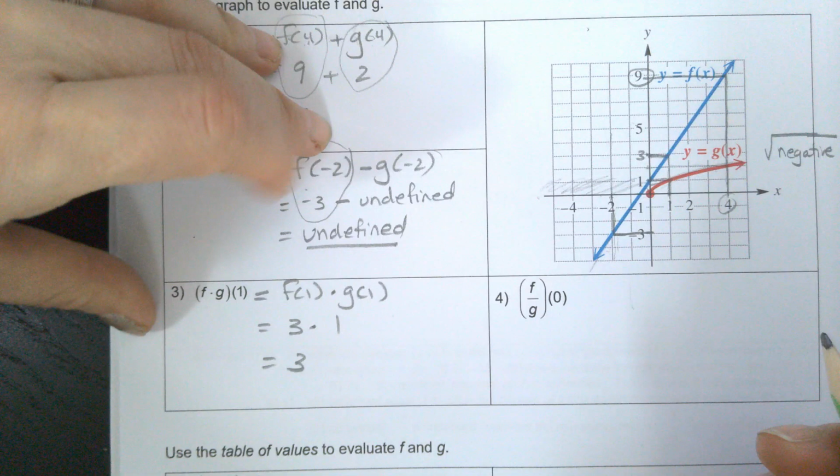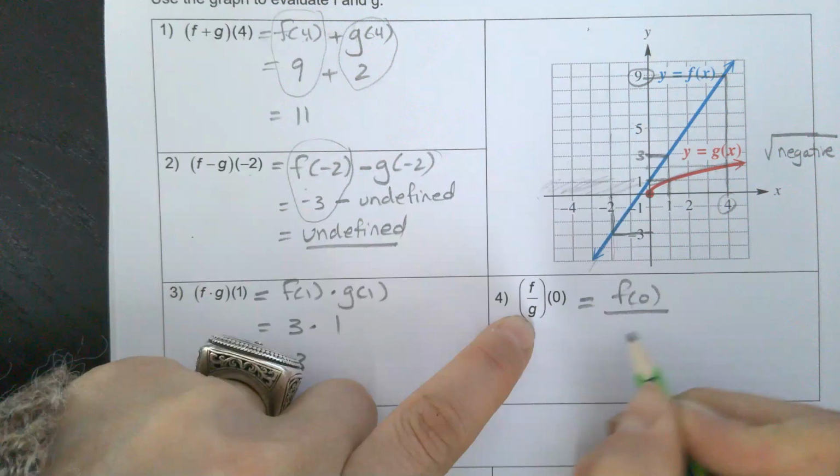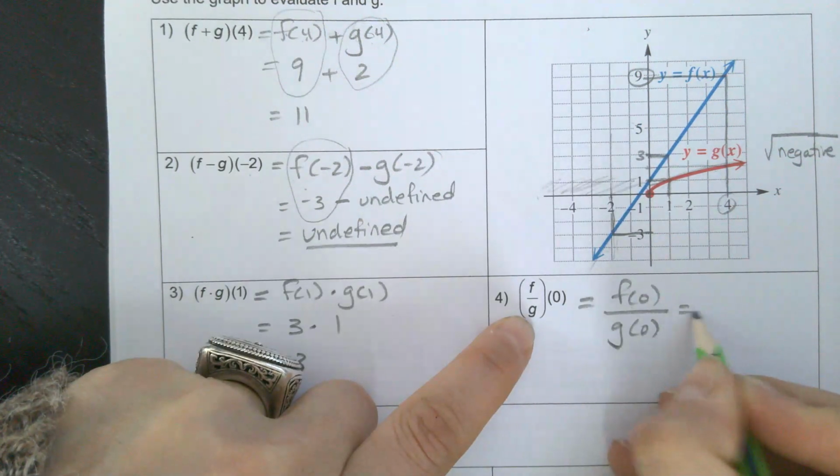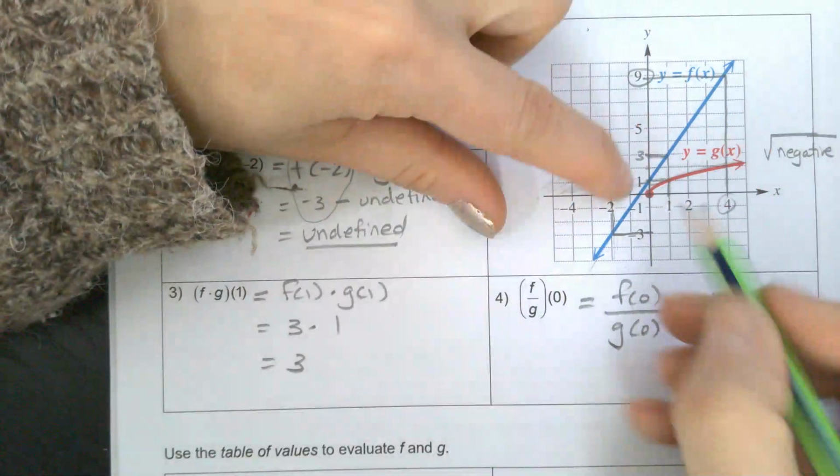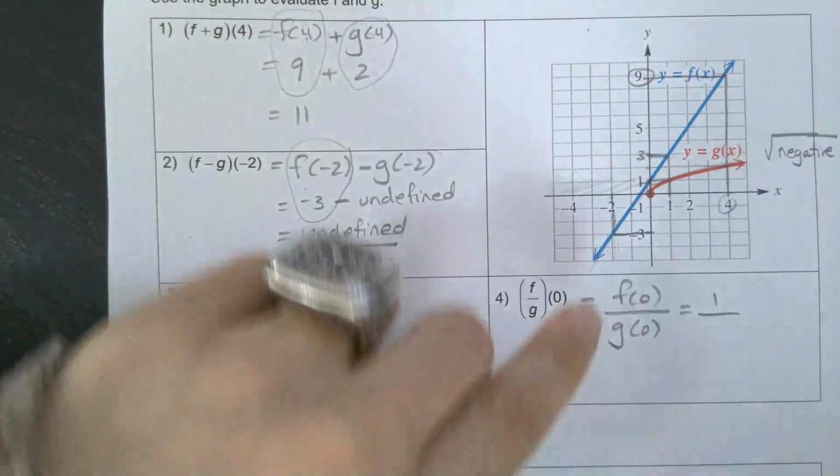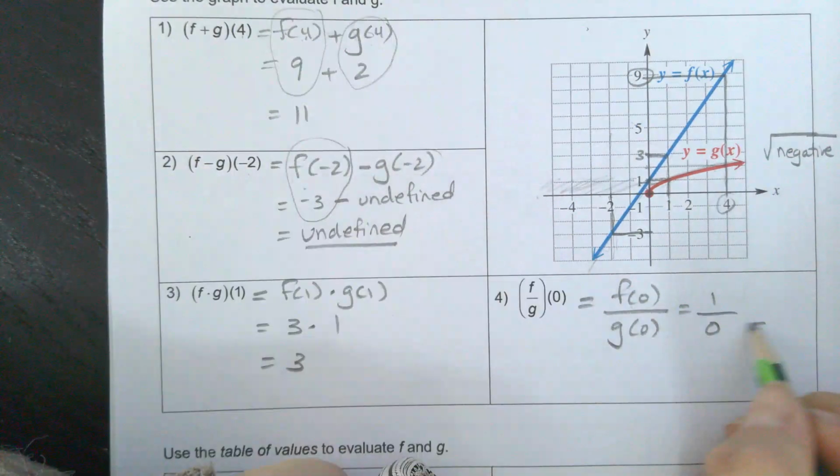So that's now f of 0 over g of 0. So at 0, f of 0 is the blue, and g of 0, what's g of 0? Is the red one, so I stay at 0, so that's 0.